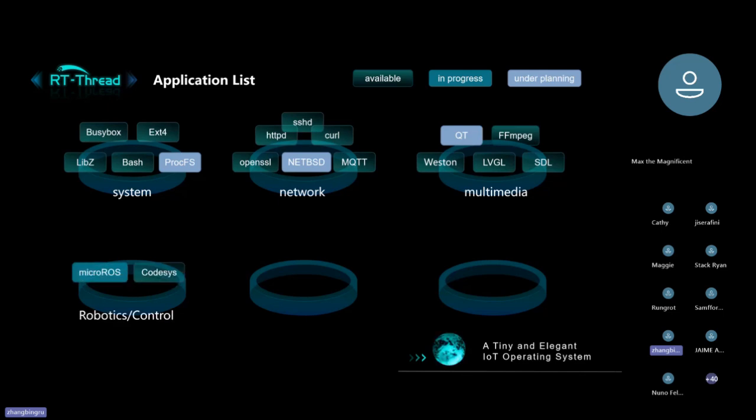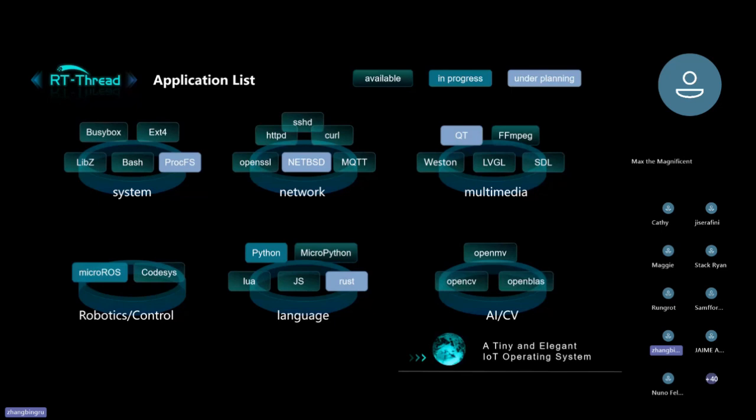Here is a list of user space applications supported by RT-Thread. For example, we have BusyBox tools, the ext4 file system, and the Bash command line. In the network category, SSHD and HTTPD are currently supported.